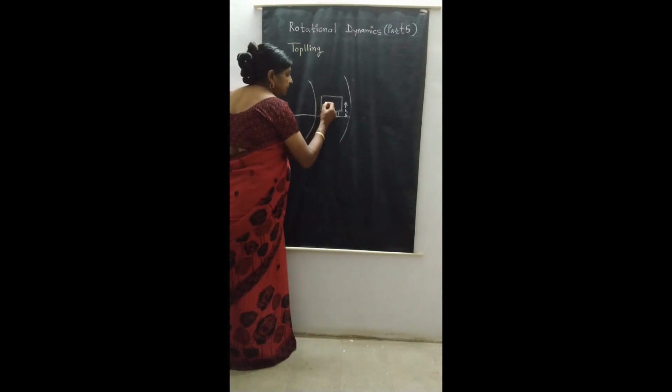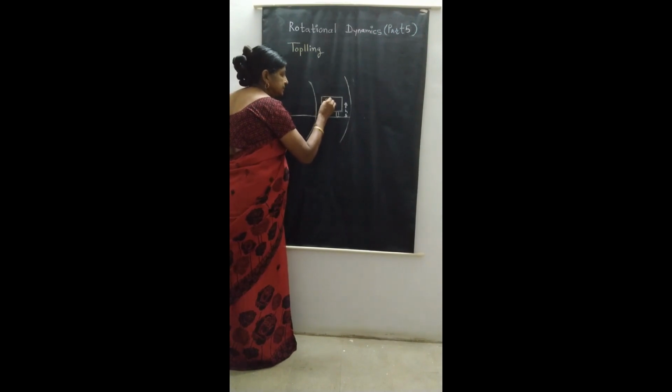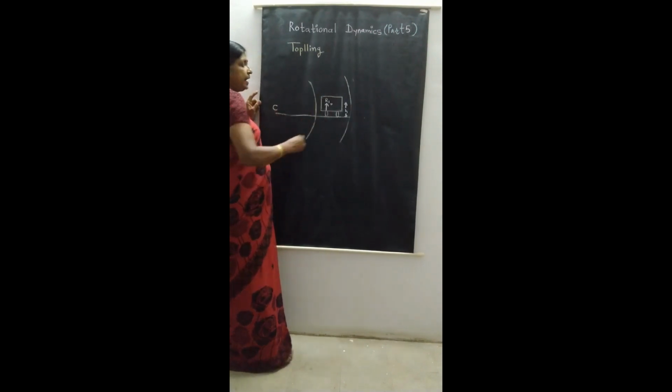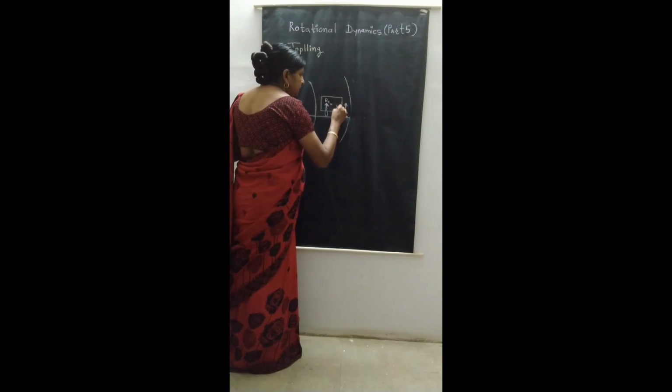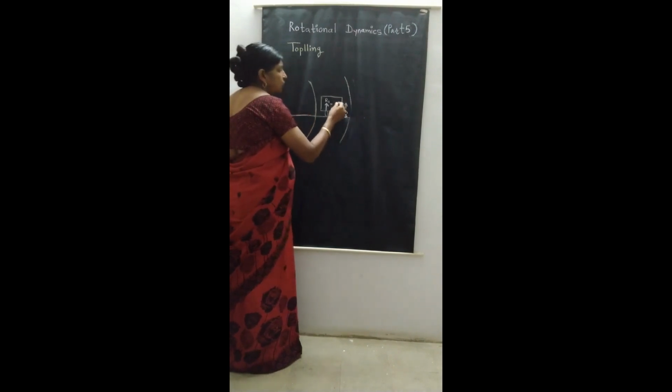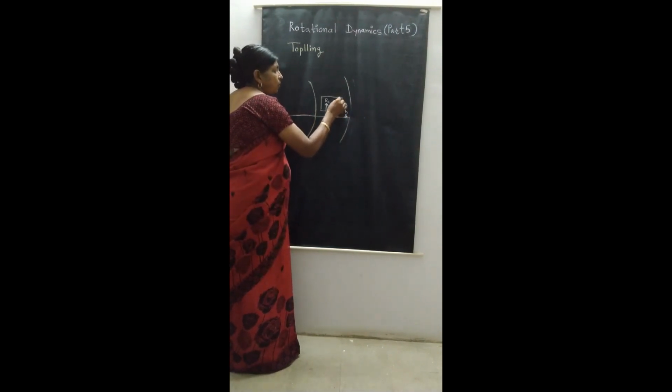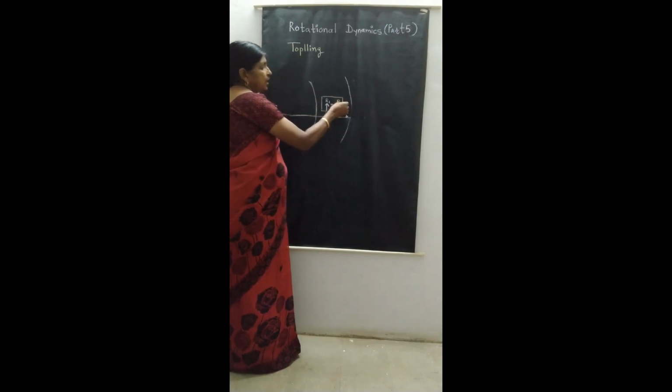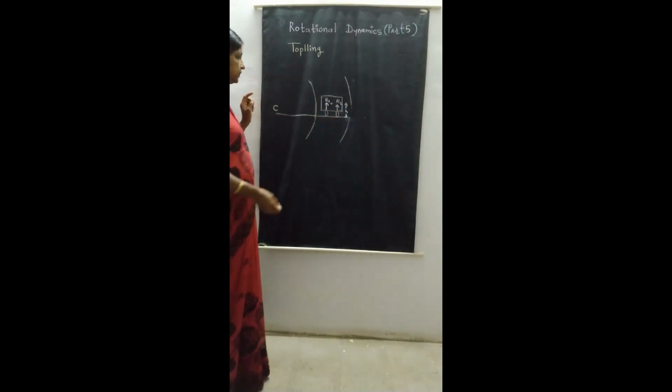Let R1 be the normal reaction on inner wheels and R2 be the normal reaction on the outer wheels.